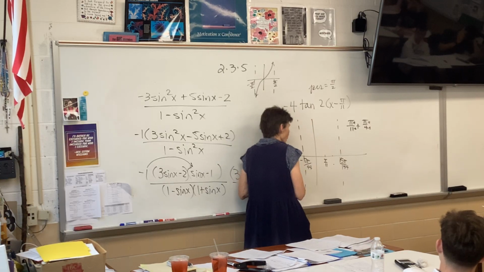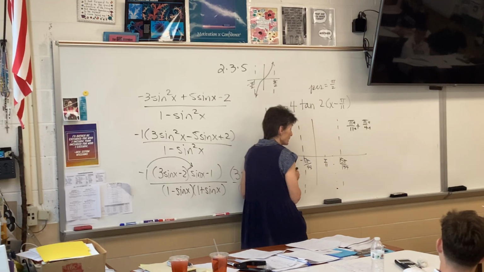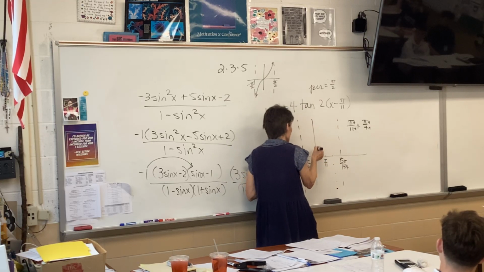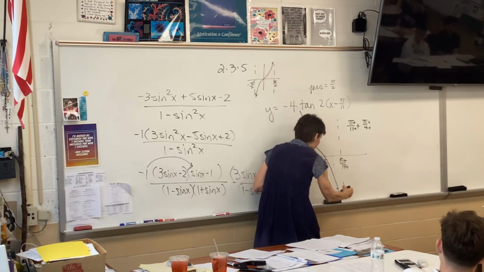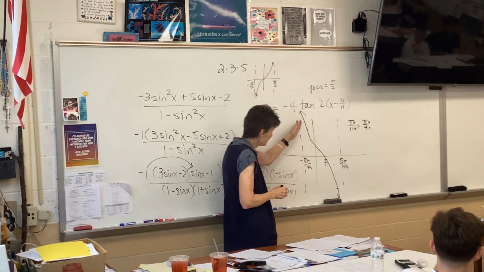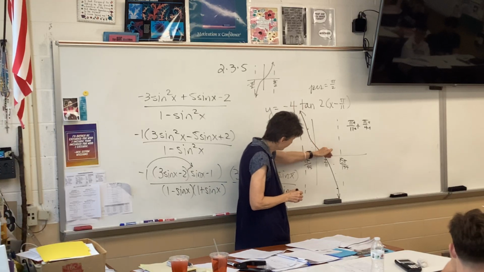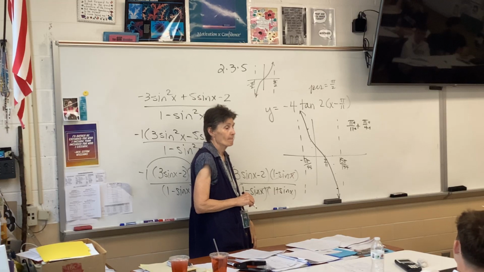Because of that 4, now I'm going to be down 4, and over here, halfway in between, I'm going to be up 4. So my curve is going to be a lot steeper than it normally is. But it's going to come from up here, go through that point, and head down. Good?